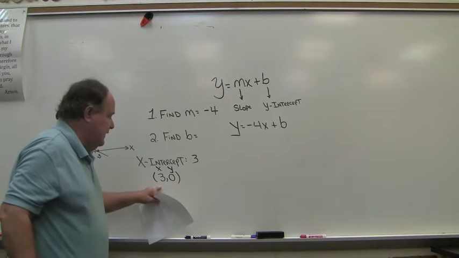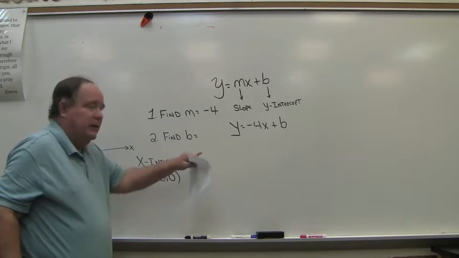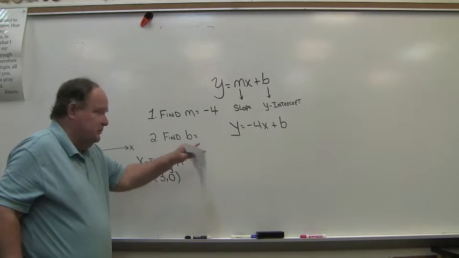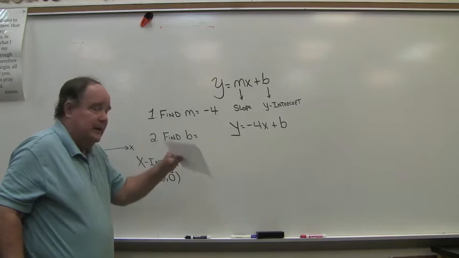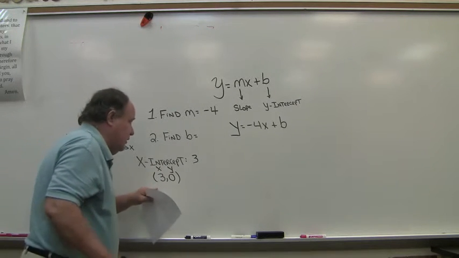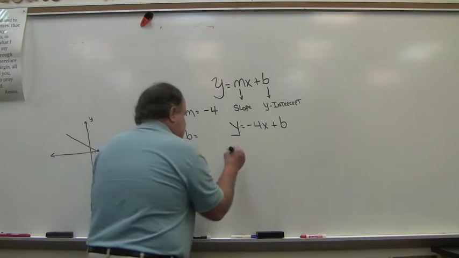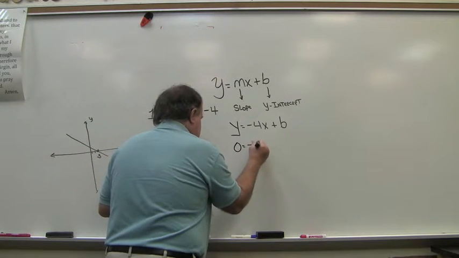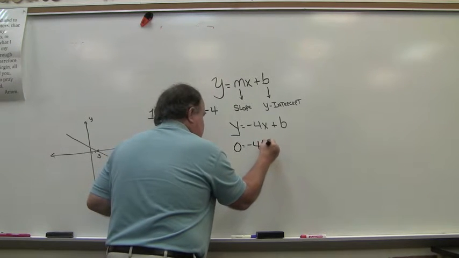So if you take your x value and put it in where the x is in the equation, and your y value and substitute it where y is, you're going to be able to calculate what b is. So let's just see how that works. My y value here is 0, so I'm going to put a 0, and minus 4 times my x value, which is 3.